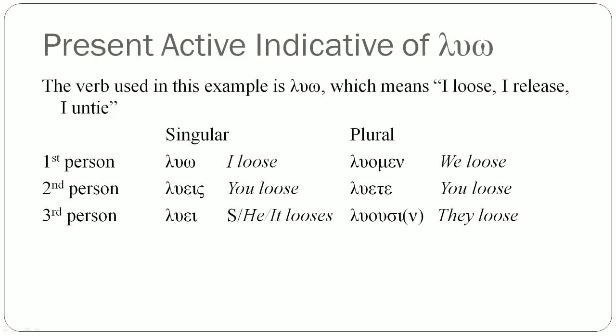All right, the ending is omicron, mu, epsilon, nu, luomen. And that means we loose. Second person plural, luete. The ending on that is epsilon, tau, epsilon. And it means you plural, y'all loose. And the third person plural, luousin or luousi, they loose.